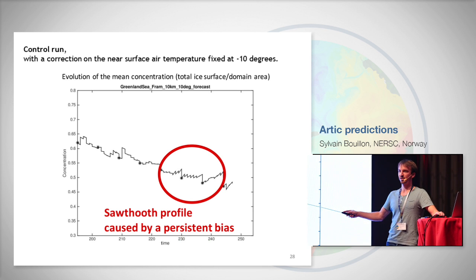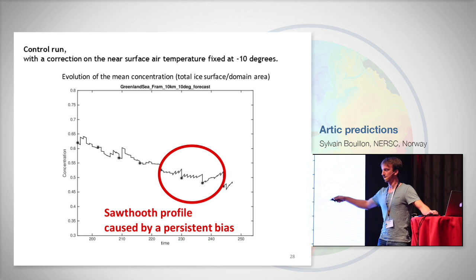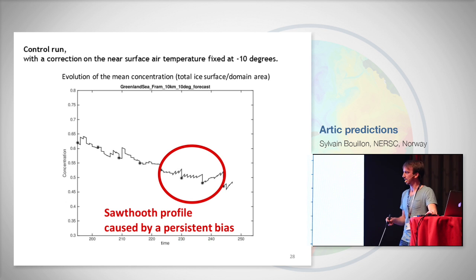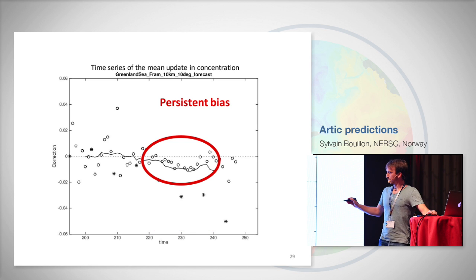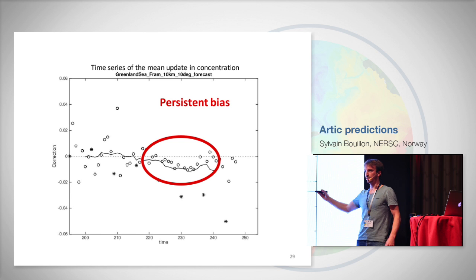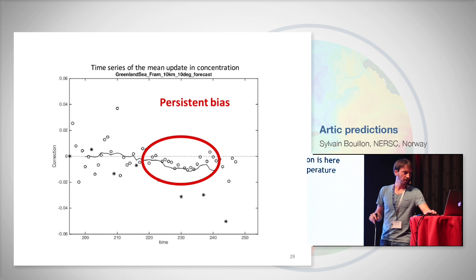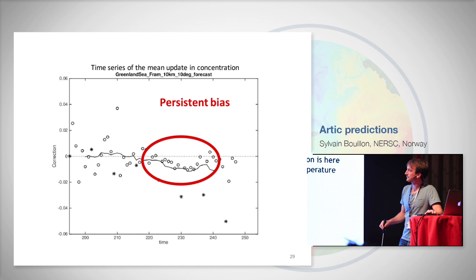If you have a persistent bias, it means that you will always correct in the same direction. So you will have this sawtooth profile in some of the quantities you are looking at. You will have also the mean update that will be not centered around 0. So that indicates that you have a bias. Let's go faster.